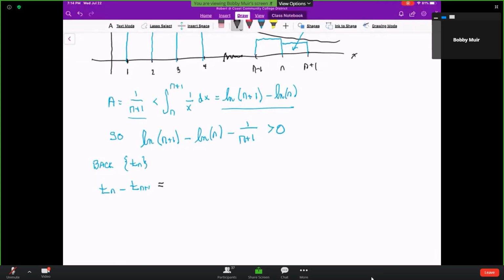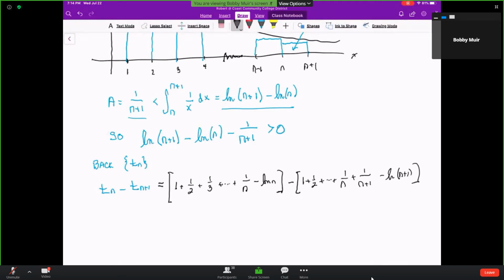It's going to be this guy, 1 plus a half plus a third, all the way up to 1 over n, minus the natural log of n, minus that whole same list, 1 over n, but then I go to the next one, and then I subtract off the log of the next one.